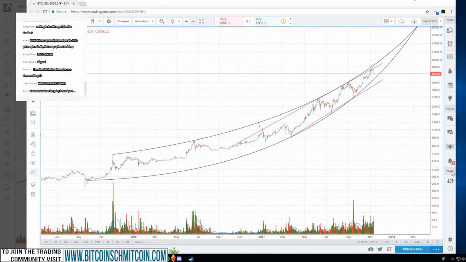So this marks 1, 2, 3, and now we're on our 4th time touching this ascending trend line, and now we're heading down south. However, as you can see, every time it's hit the top, it's also hit the bottom, and it's retraced to the low.